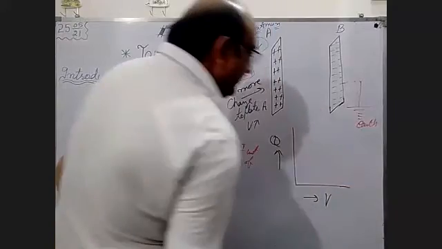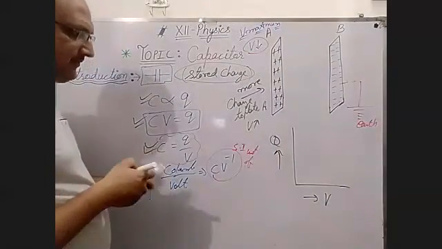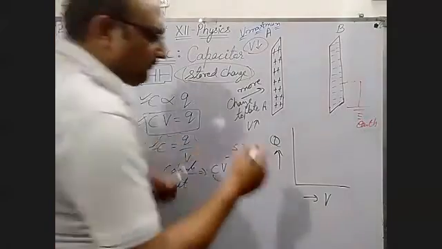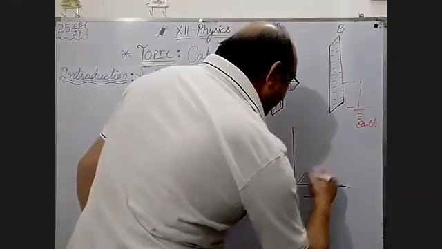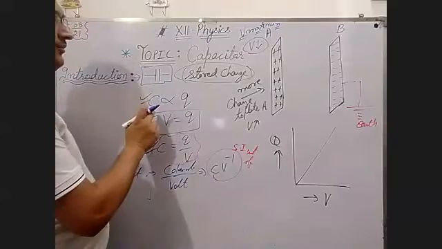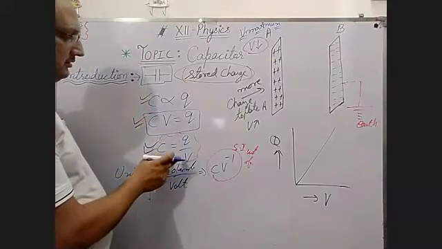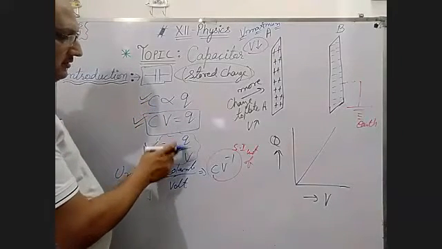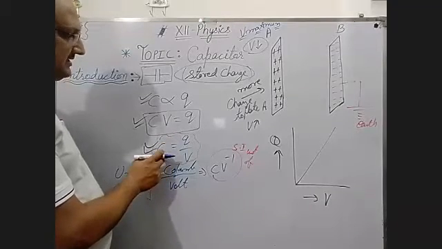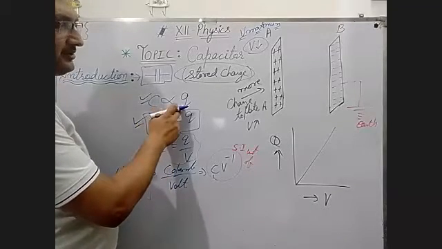what will be the nature in this condition? The graph will be of straight line, straight inclined line, in this way, because Q by V is this, C is this, C is directly proportional to, yes.